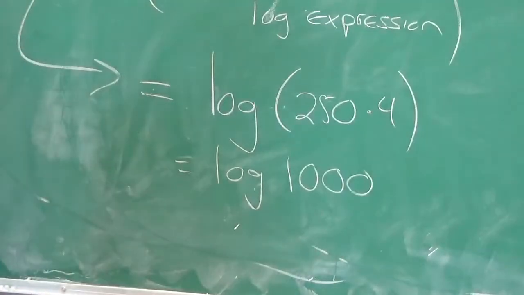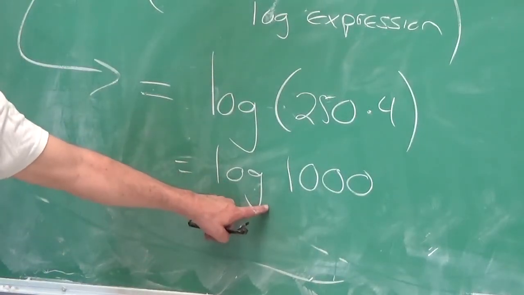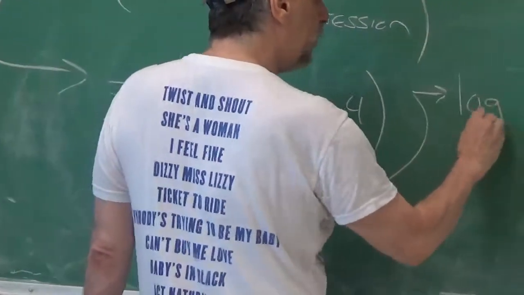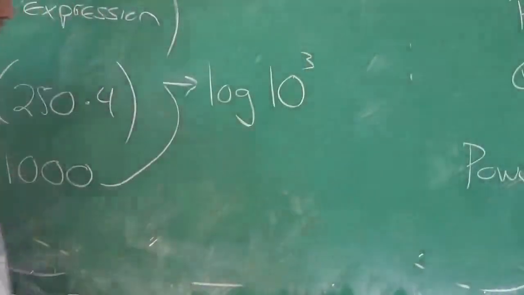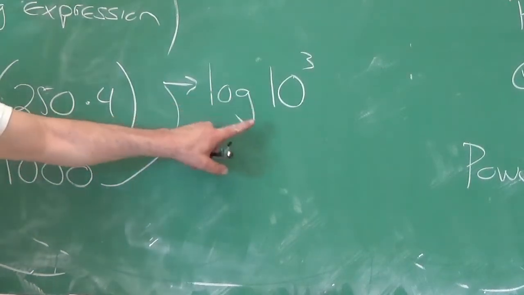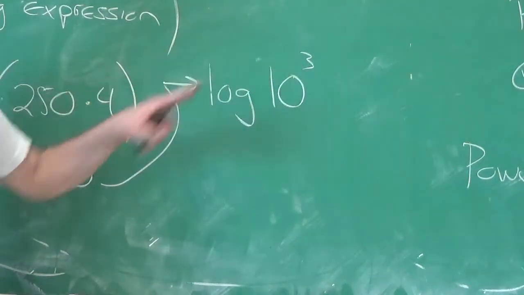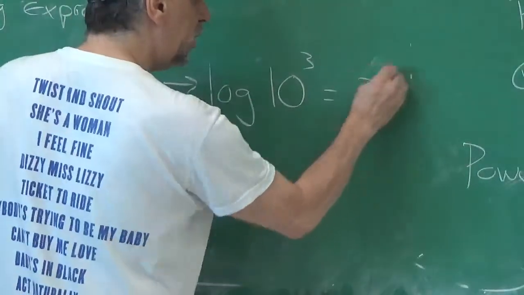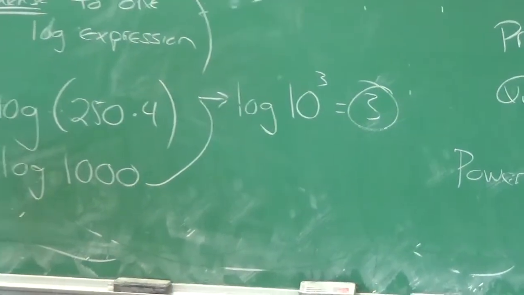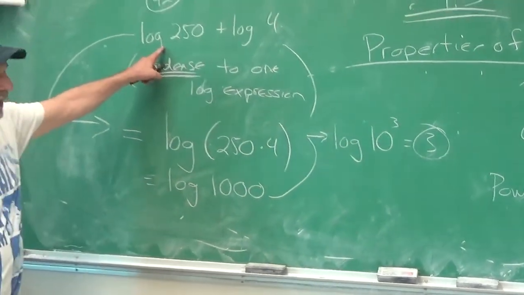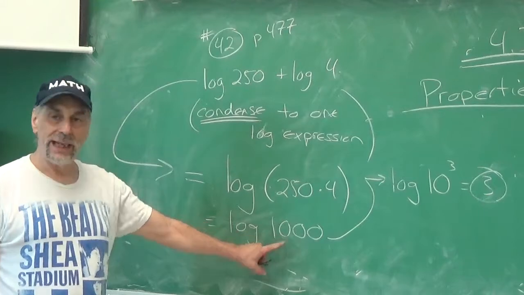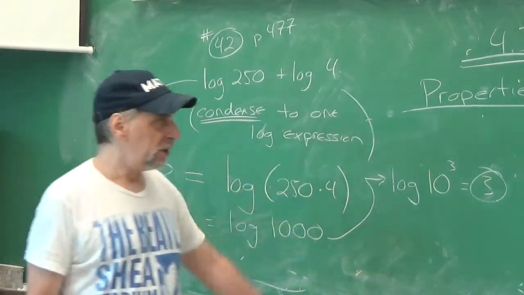Again, you don't want to stop here because you want to notice 1,000 is a power of 10. So we can rewrite this into one of our special forms. Right? 1,000 is 10 to the third. So now we have log base 10 of 10 to the third. And we know that answer is just 3. All right, so always simplify as much as you can. Remember, no base means base 10, and any power of 10 you want to reduce as much as possible.